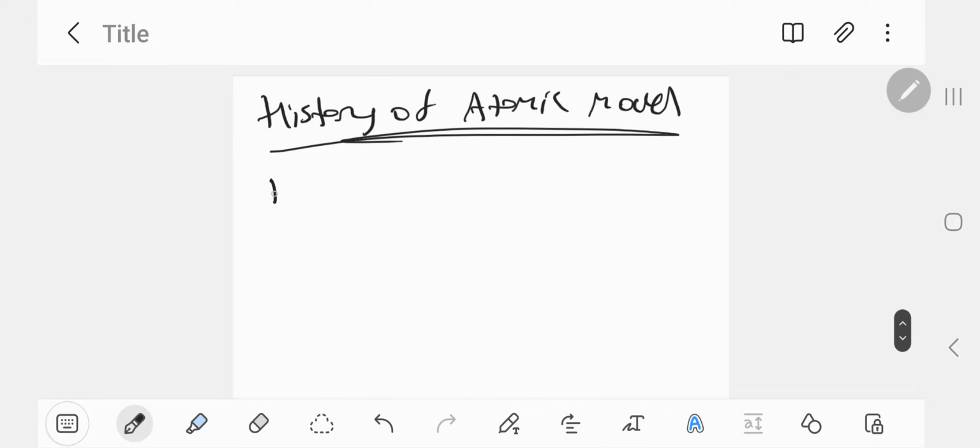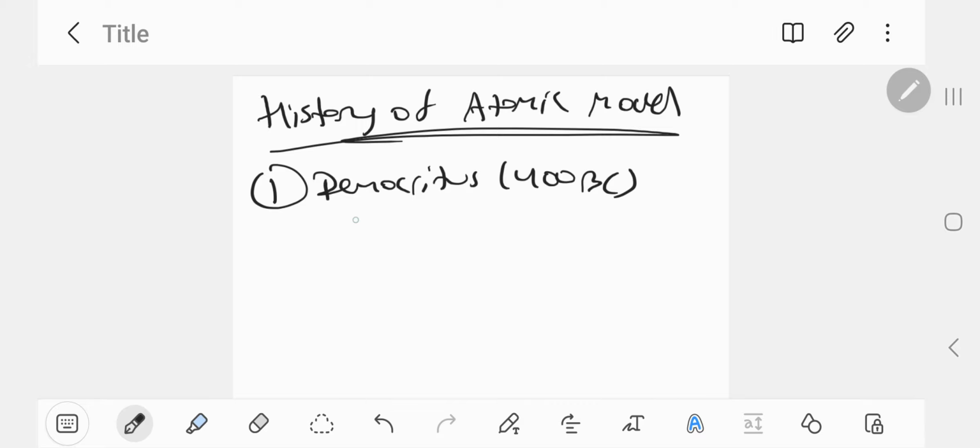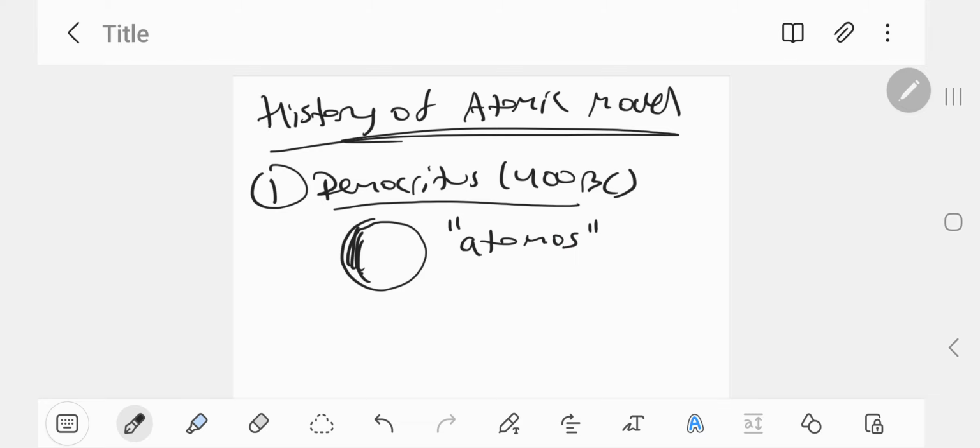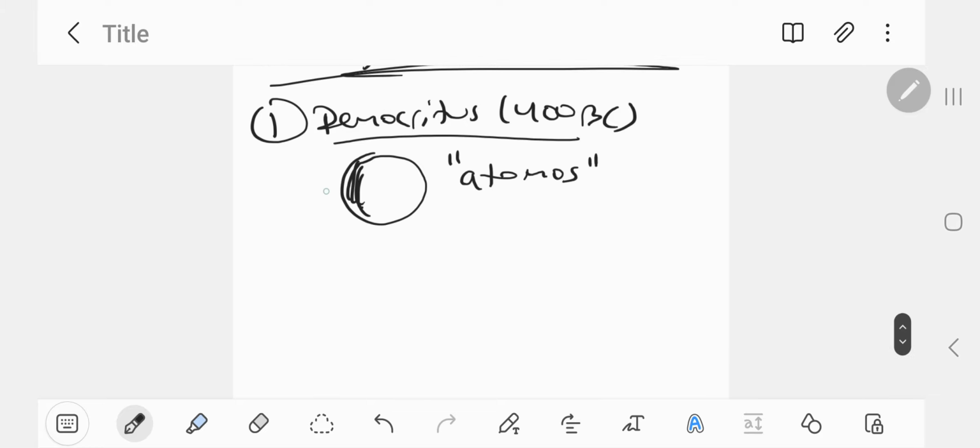So let's go back to Democritus, ancient Greek philosopher who came up with his model in around 400 BC, before Christ. He proposed that matter, everything around us, was made of these indivisible spheres. You can't break them apart, right? Called atomos. Atomos means uncuttable in Greek, and the word atom comes from atomos, right?